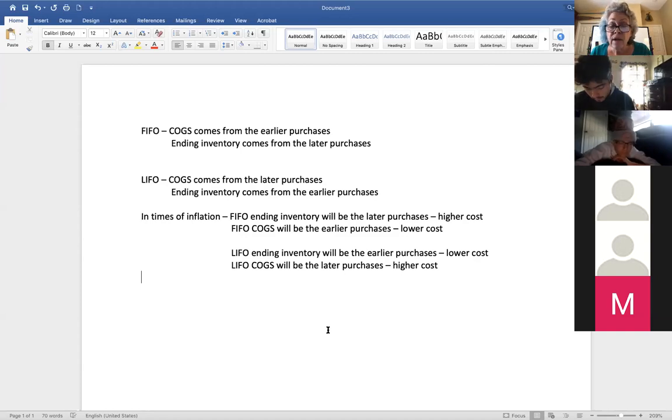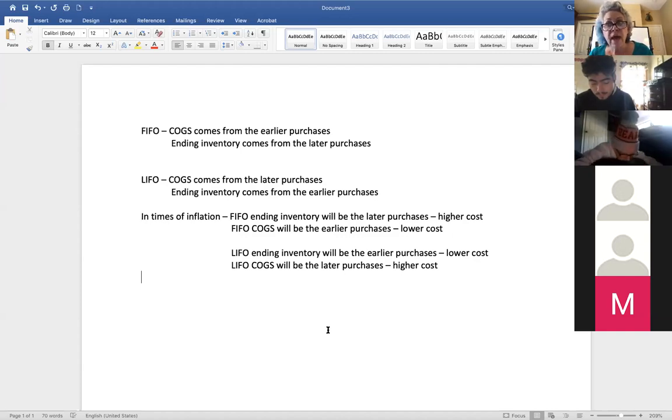And there is enough information that companies are required to put in their disclosure notes where a reader of the financial statements can convert a company that uses LIFO, they can convert the balance sheet and the income statement to FIFO very easily when they're doing their financial statement analysis.